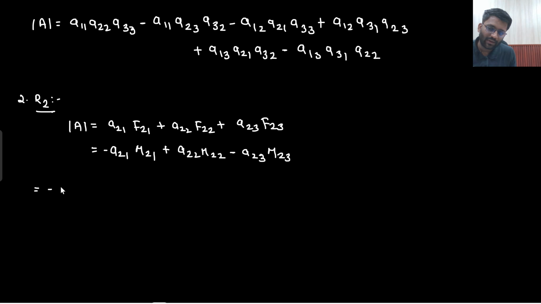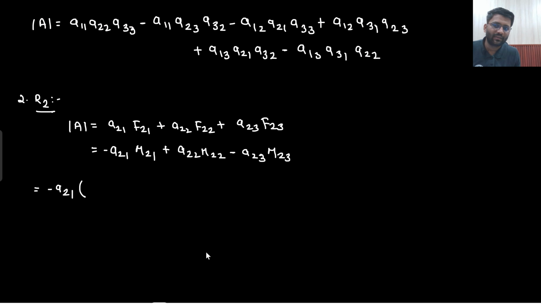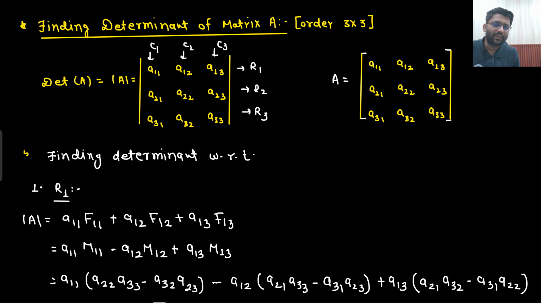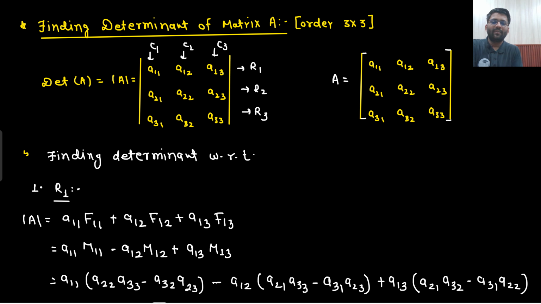Now what will be the answer we will get? Minus A21. Now what will be M21? This and this will be blocked, and what you will be left with: A12 multiplied with A33 minus A32 multiplied with A13. Plus A22, A11 multiplied with A33 minus A31 multiplied with A13, this and this will be blocked.